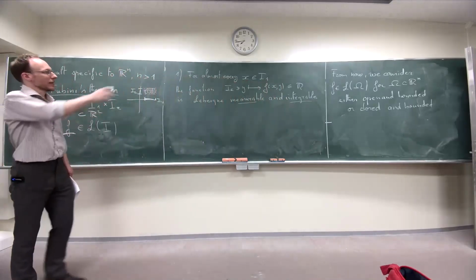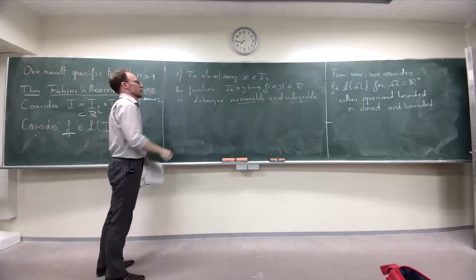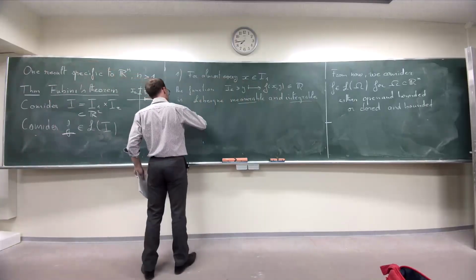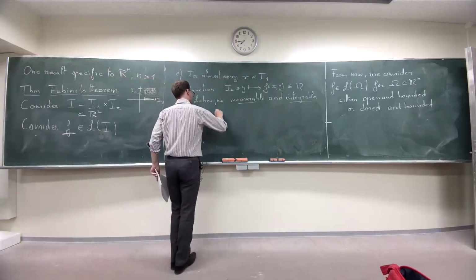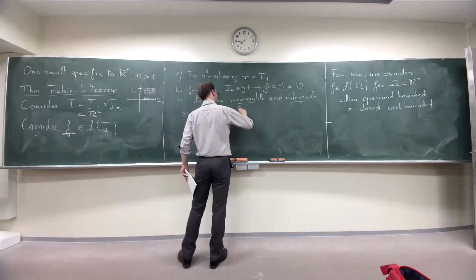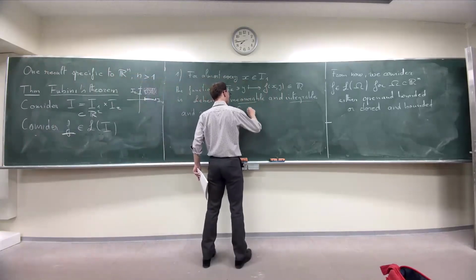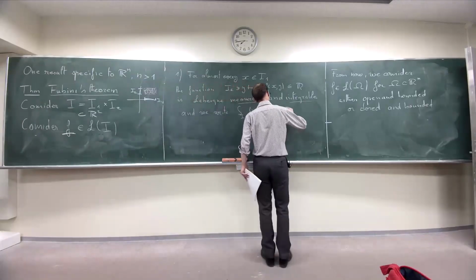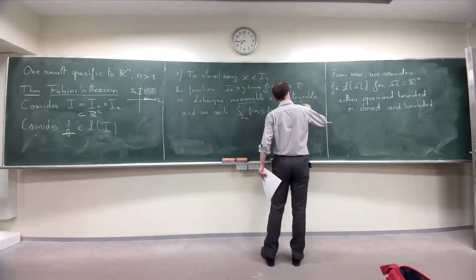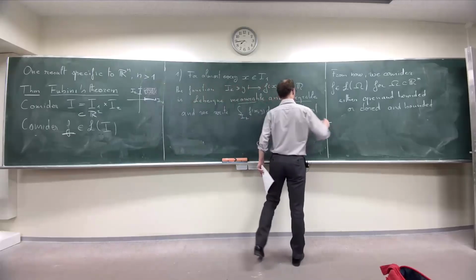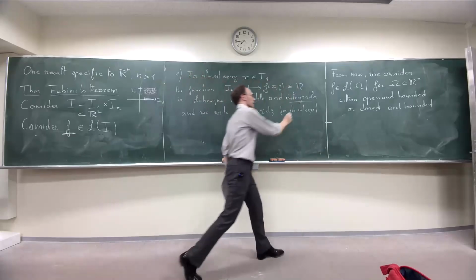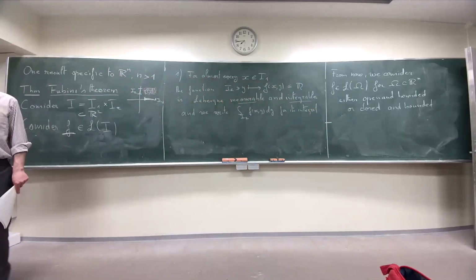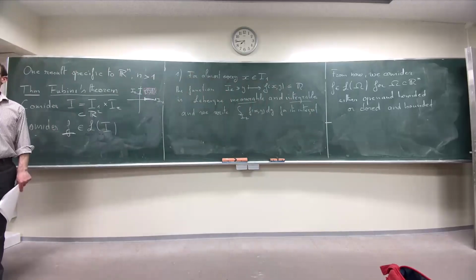So it says that when you fix x, this function is Lebesgue measurable and integrable, and we write its integral over I2 of f(x,y) dy. And the claim is that this is a well-defined number for almost every x.